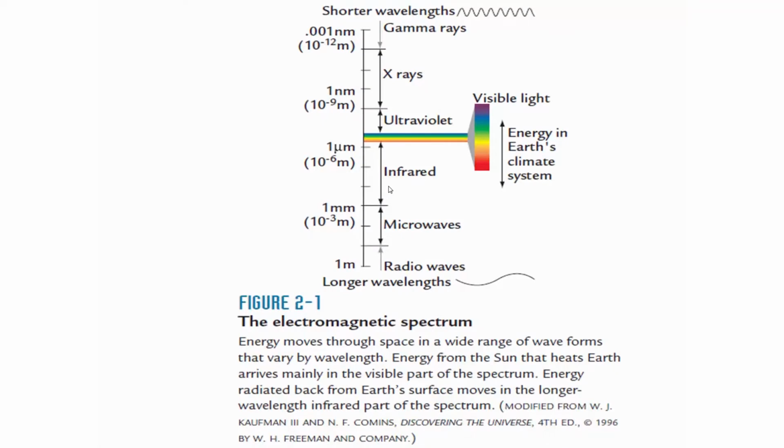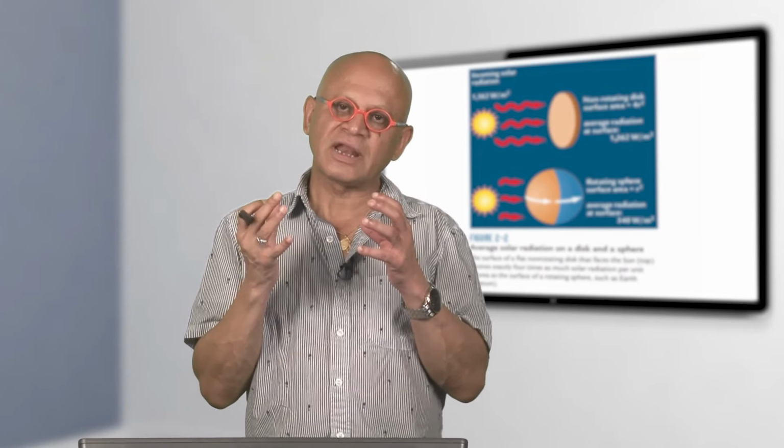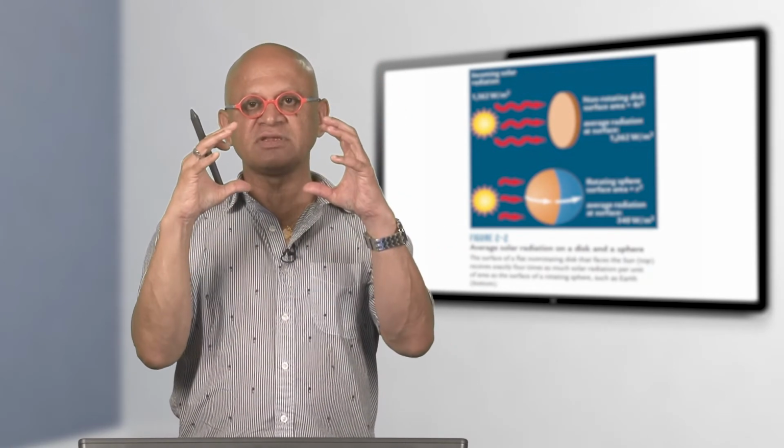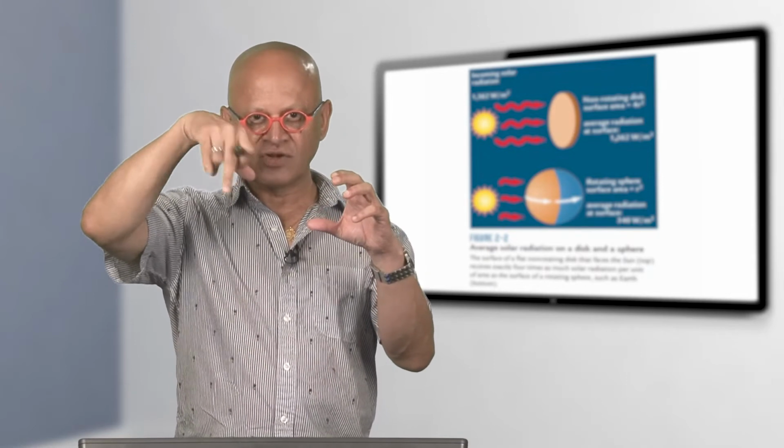The sun's energy spectrum obviously goes all the way from gamma rays, X-rays, ultraviolet to microwaves and radio waves, but the energy that we are most worried about is this visible or shortwave radiation. How much energy is being trapped by Earth? This is critical, right? Again, you have to remember it's a sphere and it's rotating around its axis.